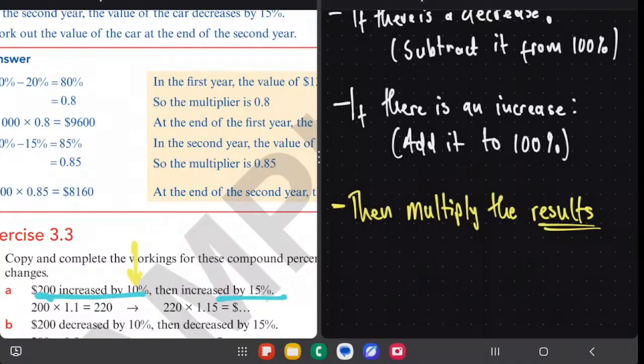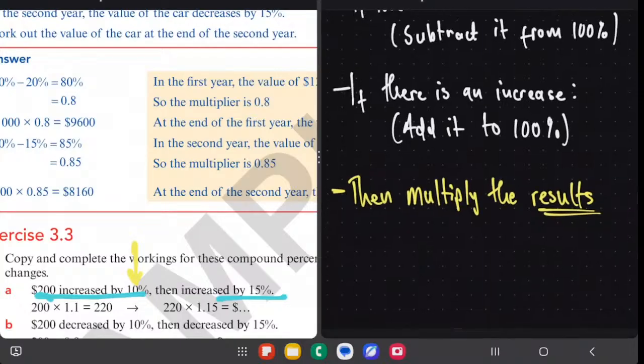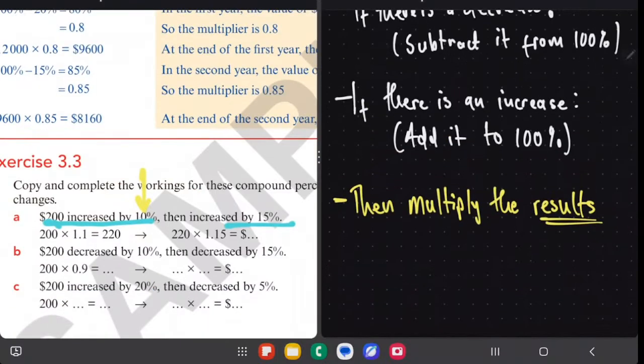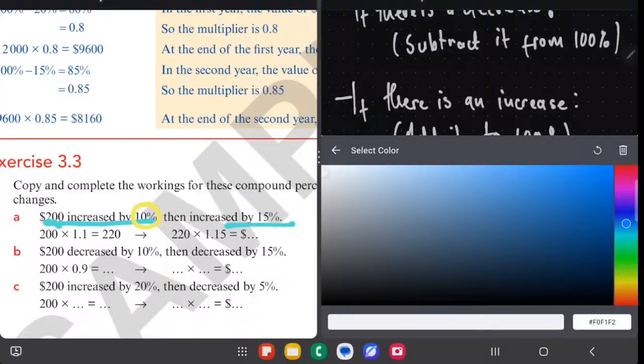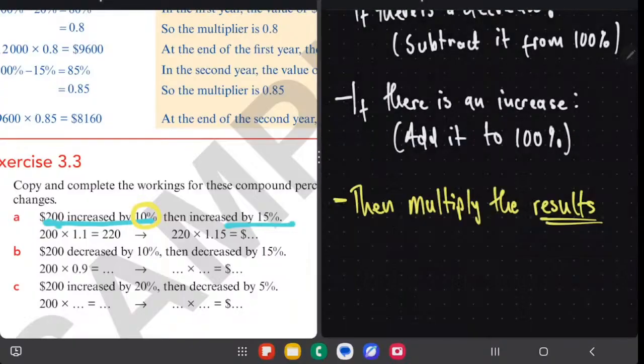So is it an increase or a decrease? This 10%, what is it? Students, is it an increase or a decrease? It's an increase. So you're going to say for exercise 3.3, part A, it's an increase.